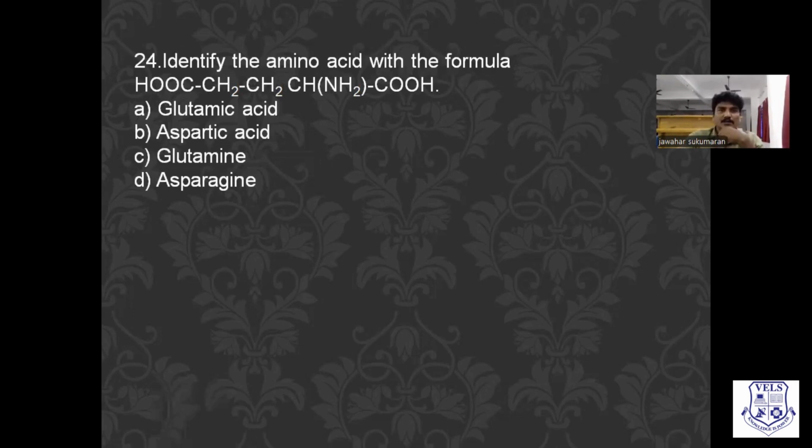Identify the amino acid with the formula HOOC-CH2-CH2-CH(NH2)-COOH. A glutamic acid, B aspartic acid, C glutamine, D asparagine. Which one? Glutamic acid is the correct answer, I think.